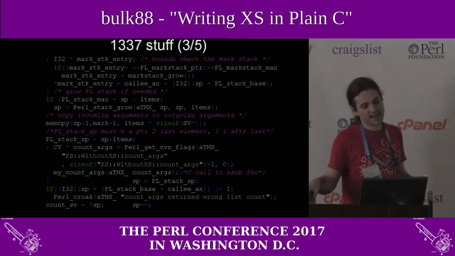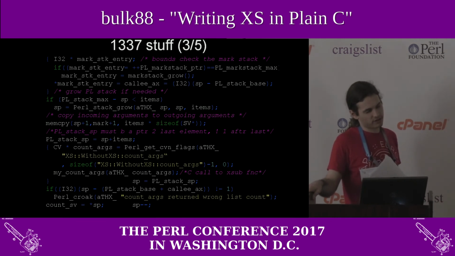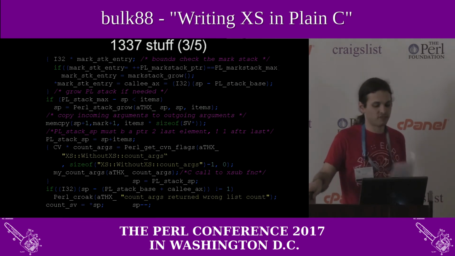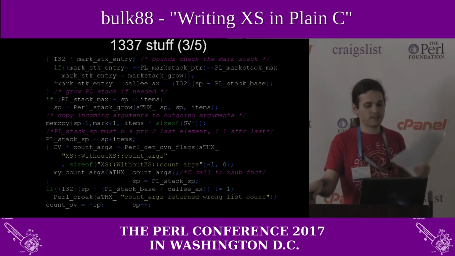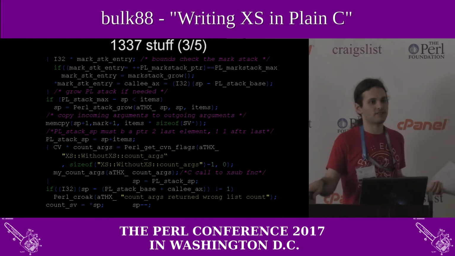After we've checked we got one element returned from our XSub, we can read SP directly and get the count SV, which is at the bottom. We then back up SP by 1 to wipe the one element that we got from our child call.